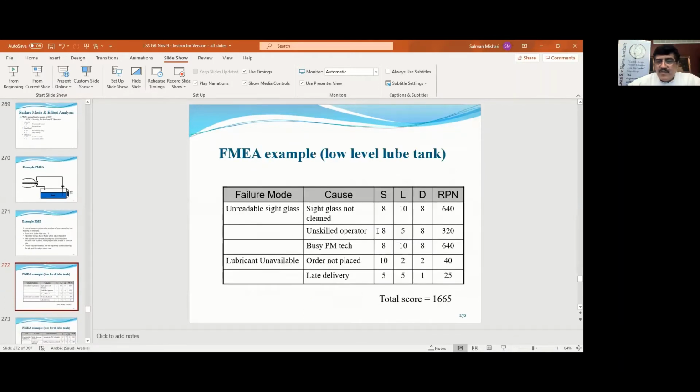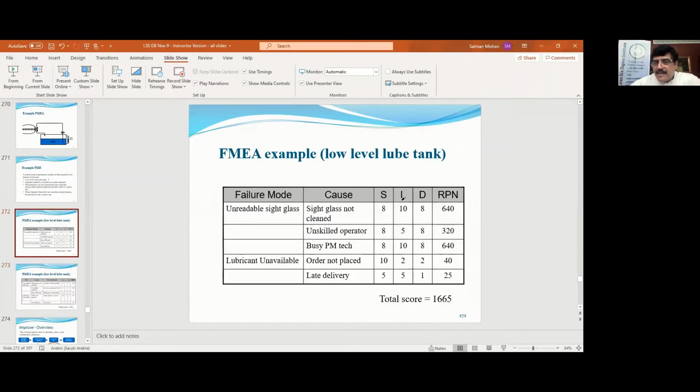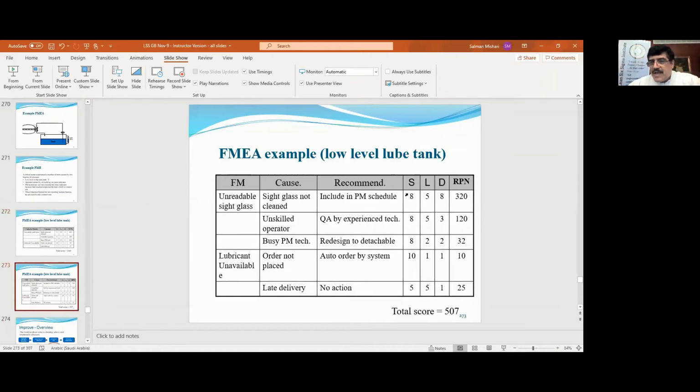But here, after you found all your causes, you want to do the recommendation against each cause, and then you want to change now the severity and the likelihood and the detection. You said, okay, I had an RPN number of this much. Is the RPN number the same? As you can see, this one has reduced, this one has reduced, and so on. So this is how you actually do an FMEA.